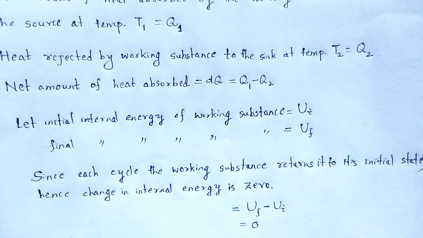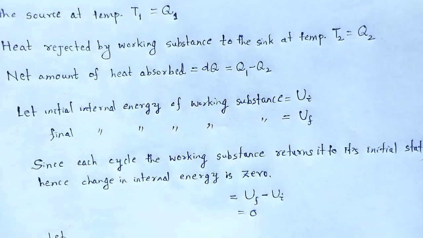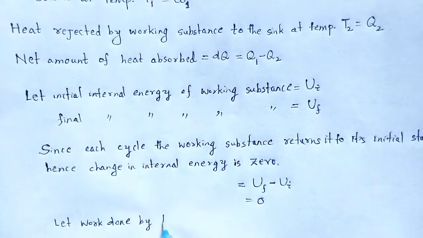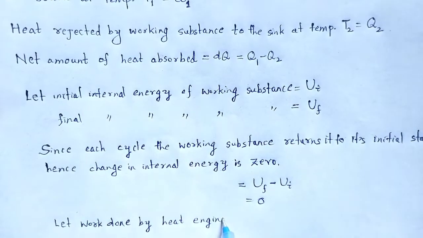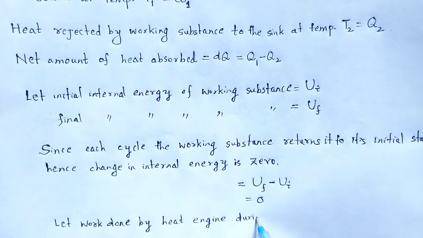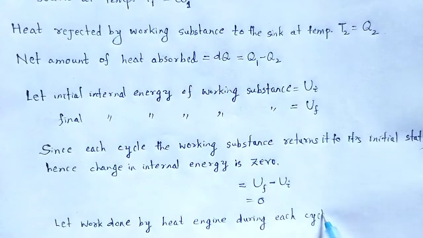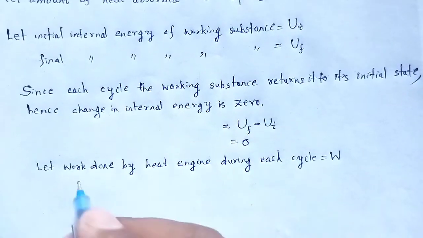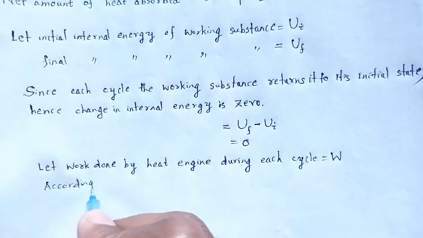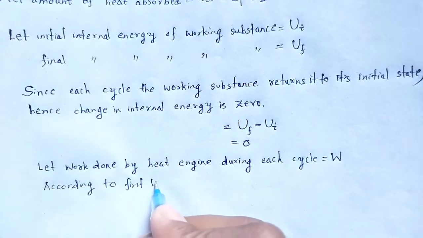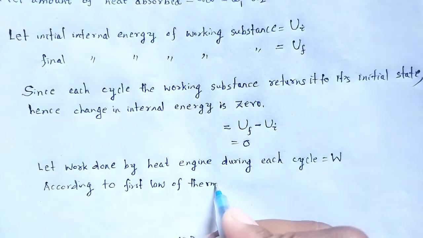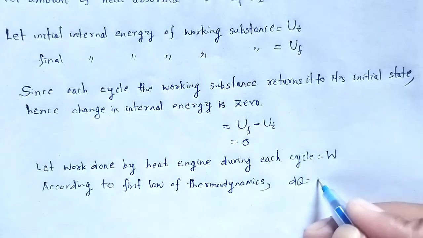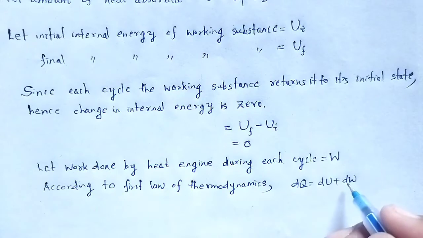Let the work done by the heat engine during each cycle be W. According to the first law of thermodynamics, the heat supplied is dU plus dW, change in internal energy plus work done.